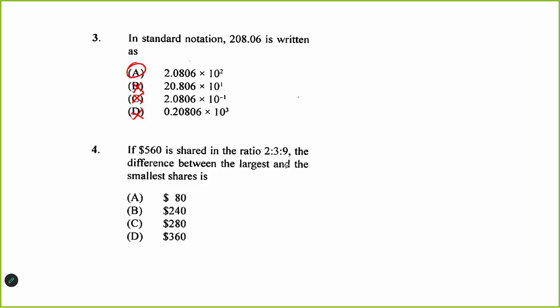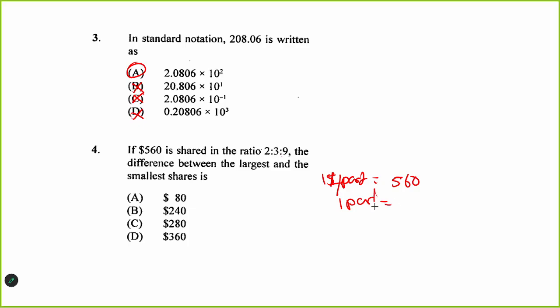The share is between 2, 3 and 9. So that's 15 parts. The difference between the largest and smallest share. Hold on. Right, they want to know the difference between the largest and smallest. That is 9 and 2, which is 7 parts. So if one part, I said 15, but it's 14. 9 plus 3 plus 2 is 14.